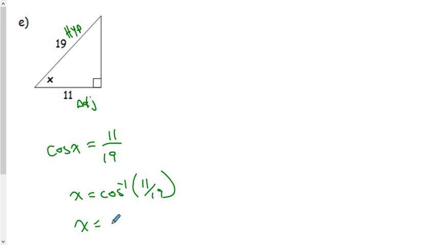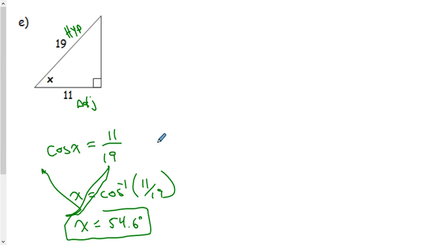And that's going to give me an angle of 54.6 degrees. Well, I'm not being very consistent about putting a box around my final answer. Oh, the marker is getting away from me there. Let's get rid of that. All right, put a box around my final answer.